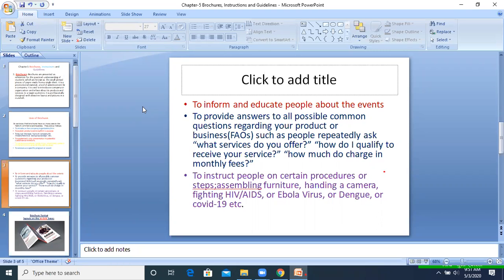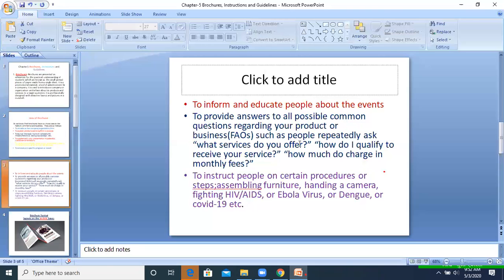What is the question about? The question is about the product or service your company is providing, or the business. People repeatedly ask, most of the clients, most of the customers outside the company may repeatedly ask the same question.